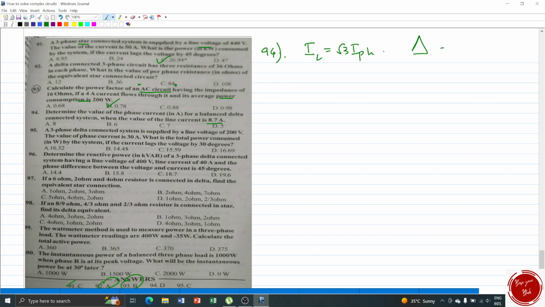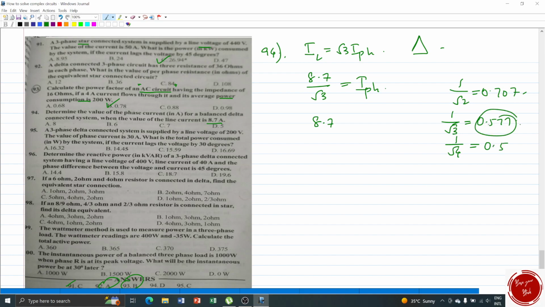We have to find the phase current, and line current is 8.7, so 8.7 divided by root 3 is the phase current. I have told you many times, 1 by root 3 is 0.577. Remember, 1 by root 2 is 0.707, 1 by root 4 is 0.5. Among these, the middle number 0.577 is the one to remember.